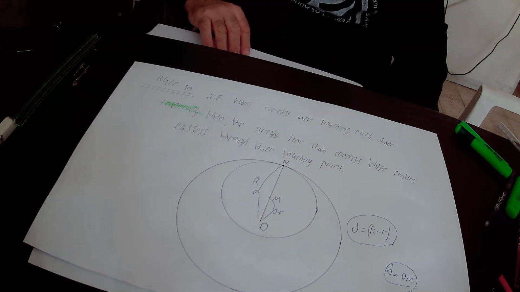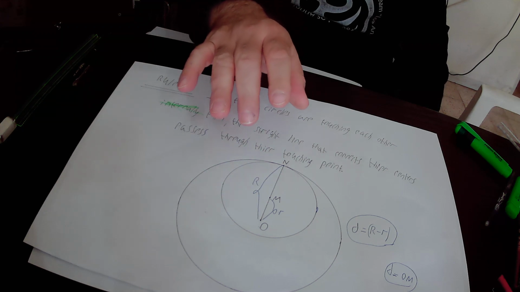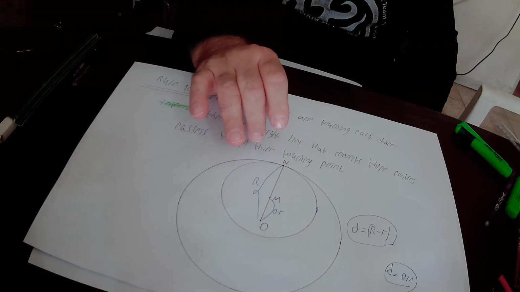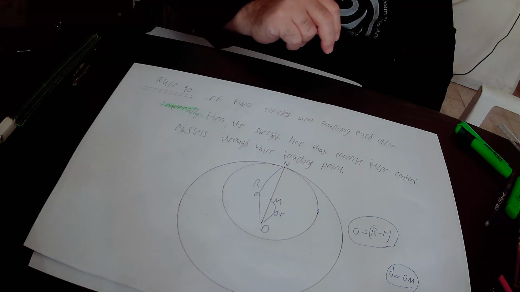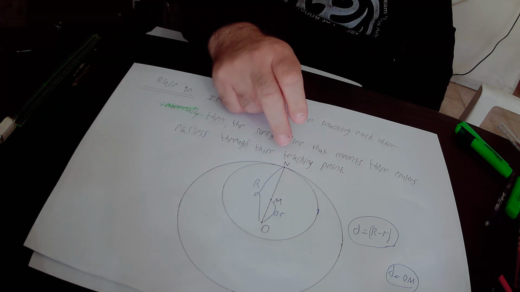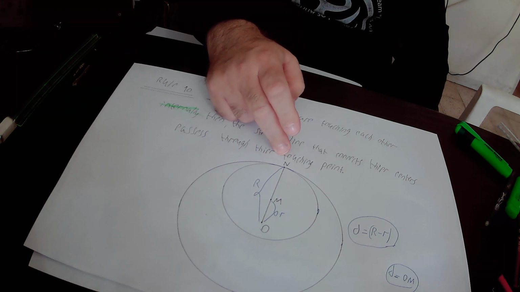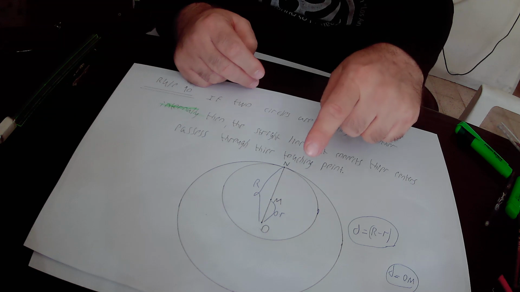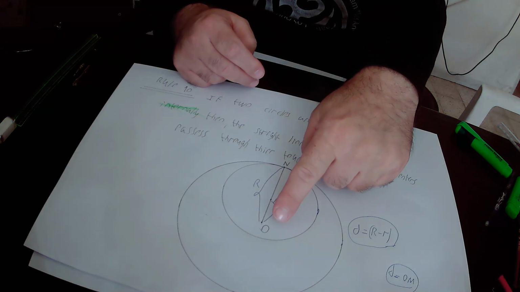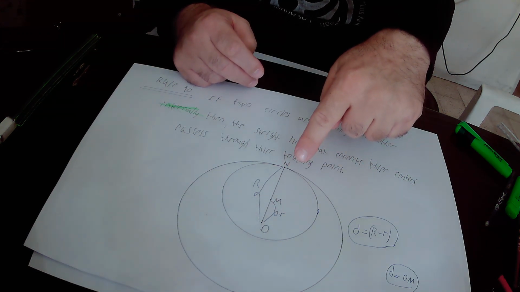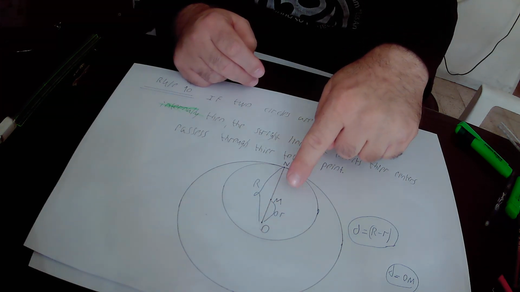Okay? So whenever we have an internal touching point between two circles, like in this drawing, point N is the internal touching point between those two circles, that is to say they are touching each other internally at point N. Then the straight line that connects their centers together, that is to say OM, passes through point N. That is to say OMN is one straight line.